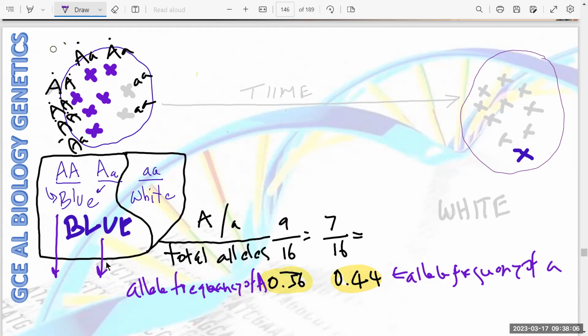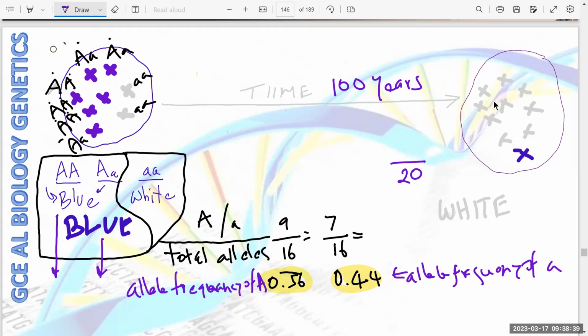Now, let's say 100 years back, this is a hypothetical example. This is not a real one. If we go 100 years back, we see more white flowers. Then what we can observe is 1, 2, 3, 4, 5, 6, 7, 8, 9, 10. 10 means there are 20 alleles.